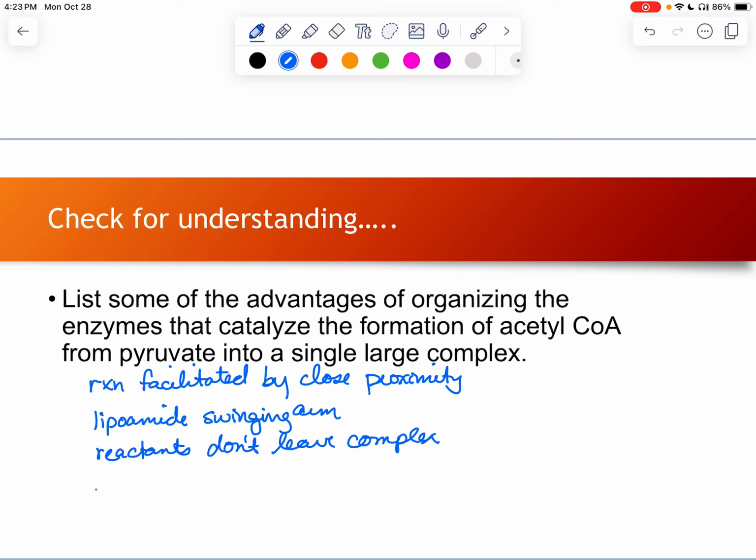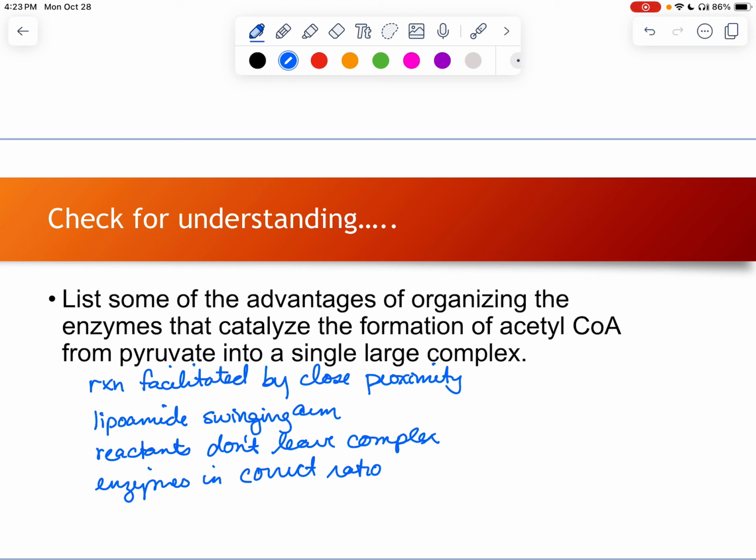The enzymes are in the correct ratio before it even starts. Maybe you made plenty of E1 and E2, but somehow E3 was slow to make. So we already have everything right there in the correct ratio.